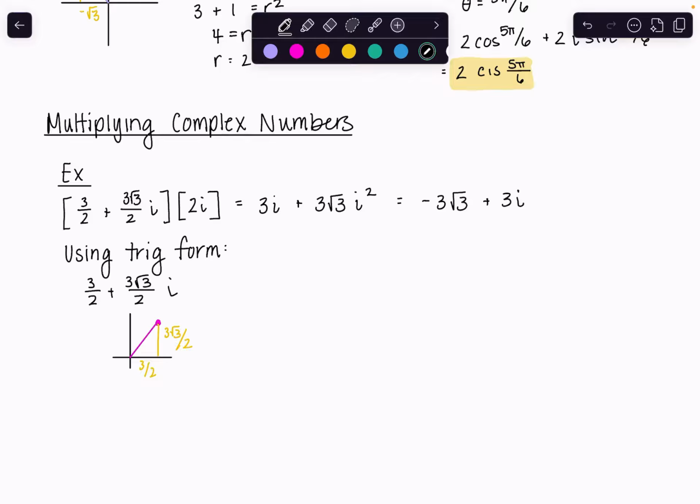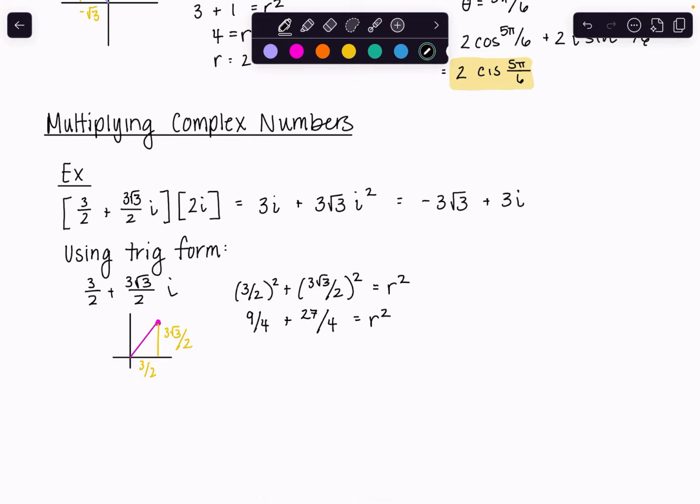And then to find r, we take each of these squared. And that's equal to r squared. 3/2 squared would be 9/4. 3 root 3 squared gives you 9 times 3. So that's 27 over 4. And that's equal to r squared.